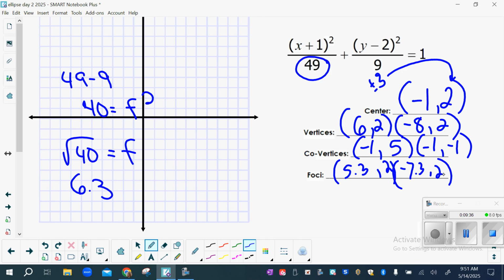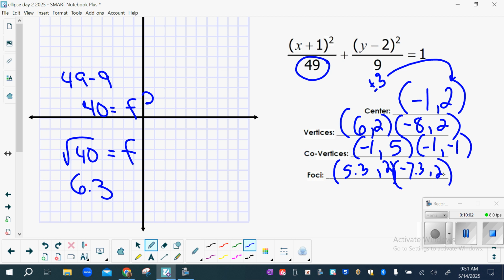Are you cool with the shortcut? You can graph it, or you can add it. I knew it's 6.3, and it's going onto this guy because I'm going side to side. Or just graph it. If you don't like my shortcut, just graph it.